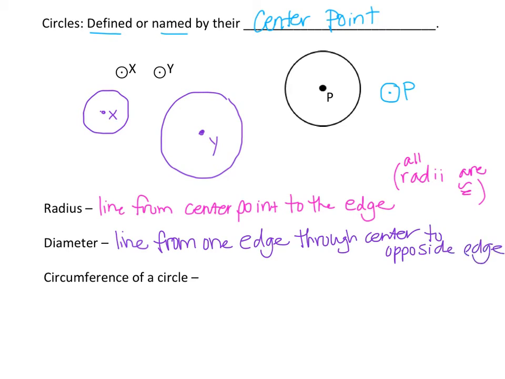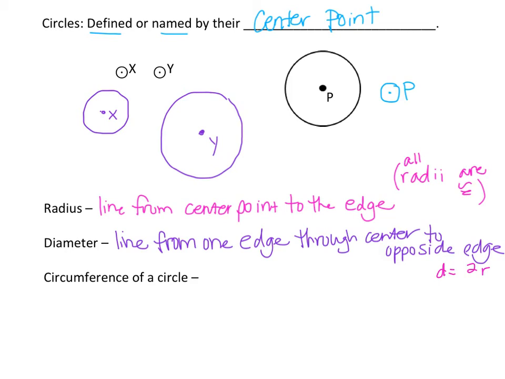All right, so that's your diameter. In any of these, you can see if you draw a line through the center from one edge to the other, that's the diameter. Would it make sense for us to say that our diameter is equal to 2 times the radius? So D equals 2R. Look at that mathiness we're coming up with.